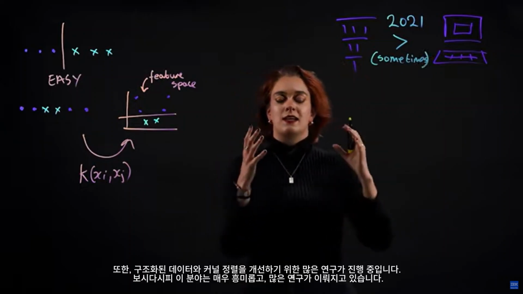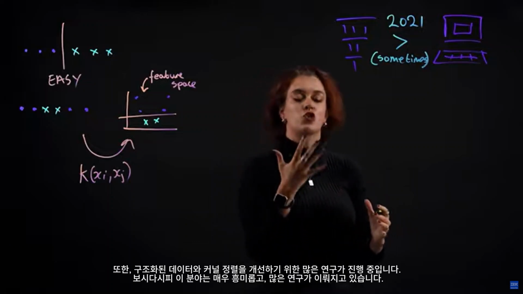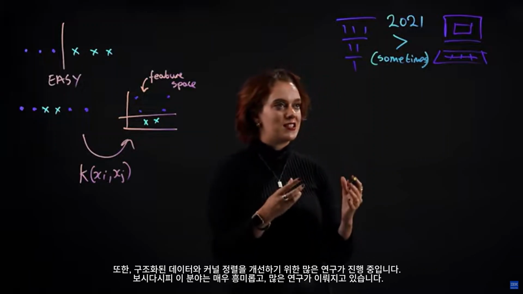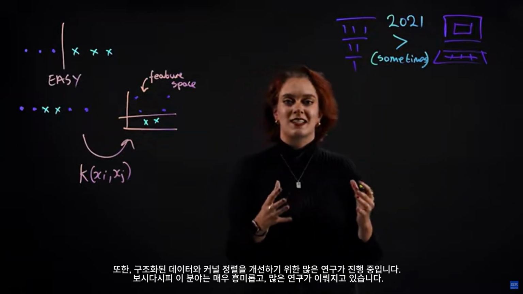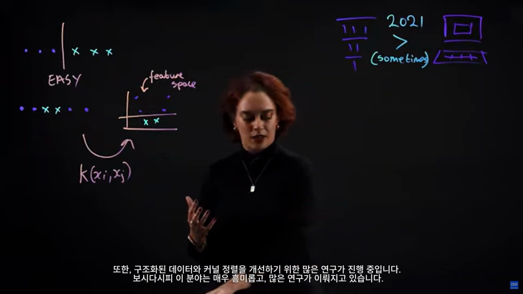As well as this, there is a lot of research going into improving quantum kernels with structured data and kernel alignment. So as you can see, this field is incredibly exciting. There's a lot of research going on in this space.